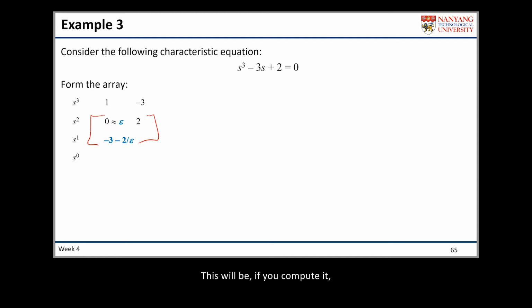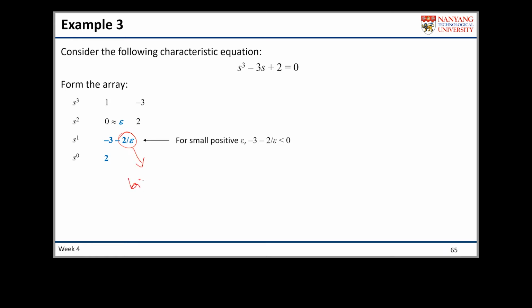If you compute it, you will get 2 on the last row. But remember again here, epsilon is a small positive number. So 2 over epsilon will also be positive, but it will be big. You divide a number by a small positive number, so this number will be big. You have a big number here, negative 3 minus a big number. What will you get? You will have a negative number.